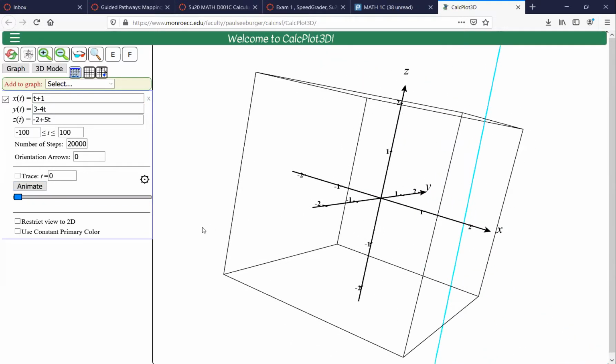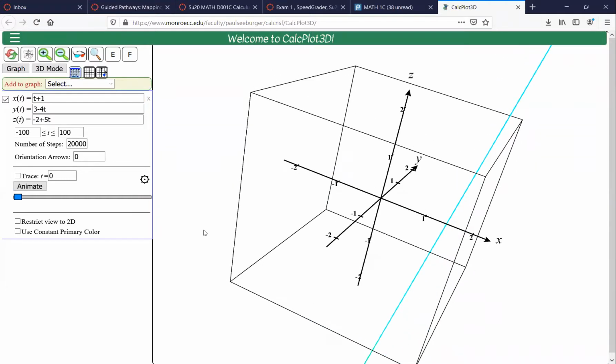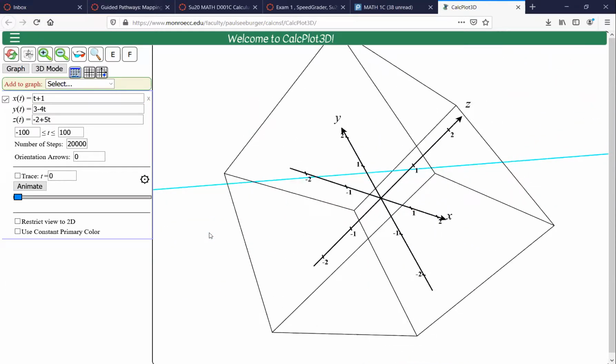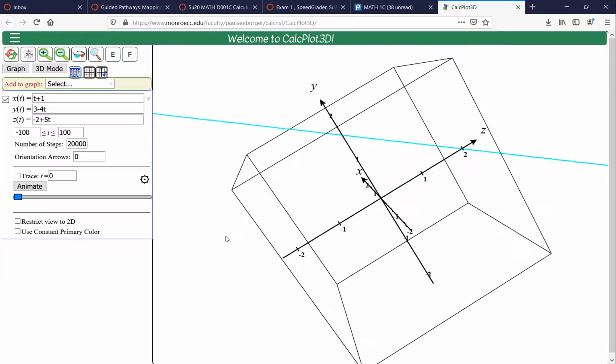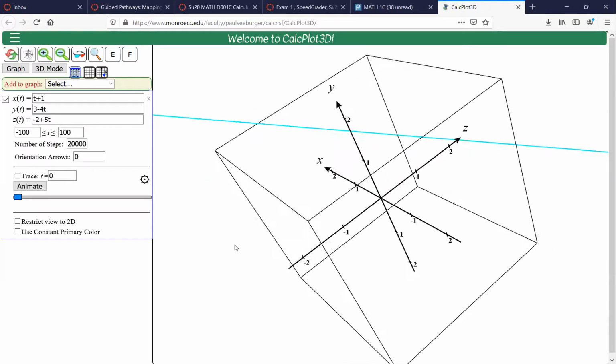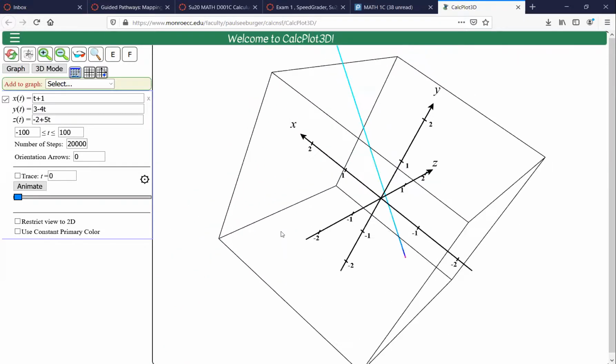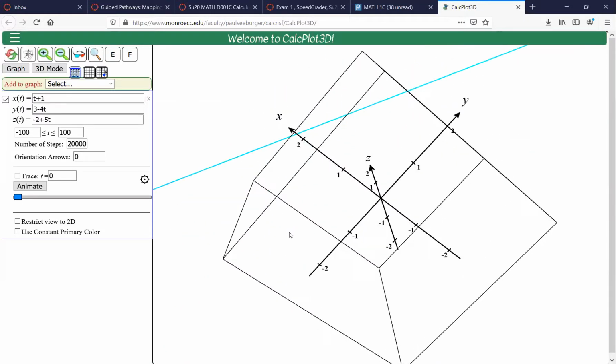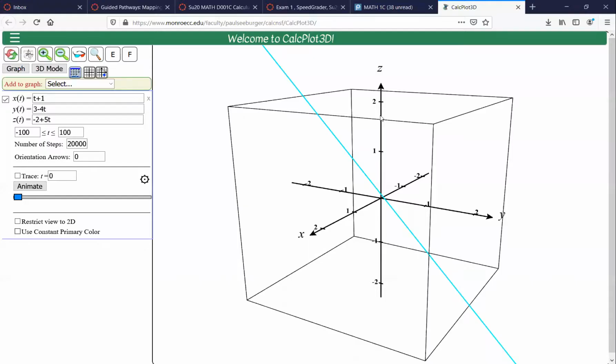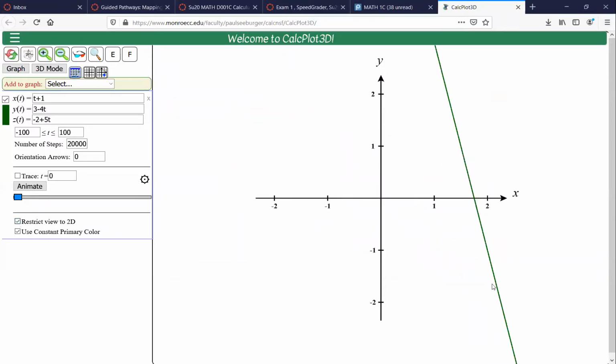Let's see what this vector function looks like. It's just a line. We expect this to be just a straight line. We just wrote down the equation of the line, and we expect our graph to be just a line. We can restrict it to 2-dimensional space, and as you can see, this is a line passing through the x-axis.